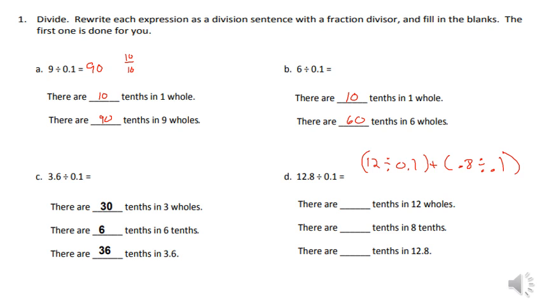As far as tenths go, there's 10 tenths in one whole, so 12 wholes would be 120 tenths. And there's 8 tenths. So there would be 128 tenths in 12.8.